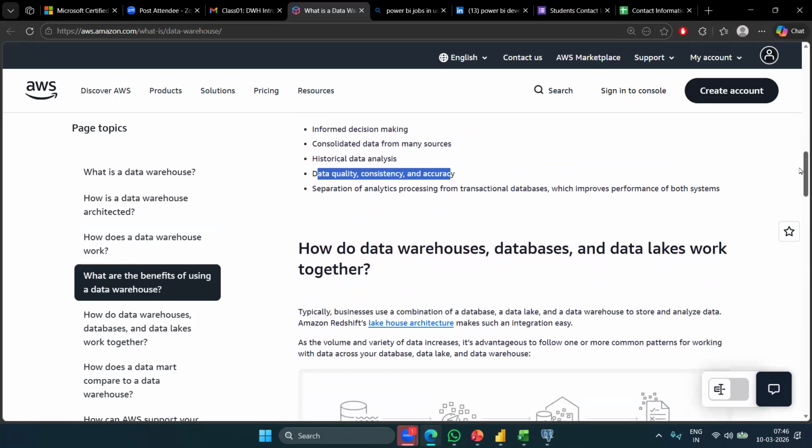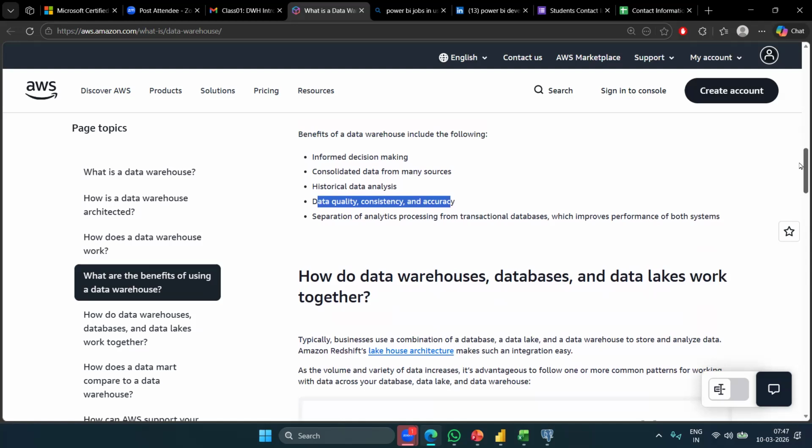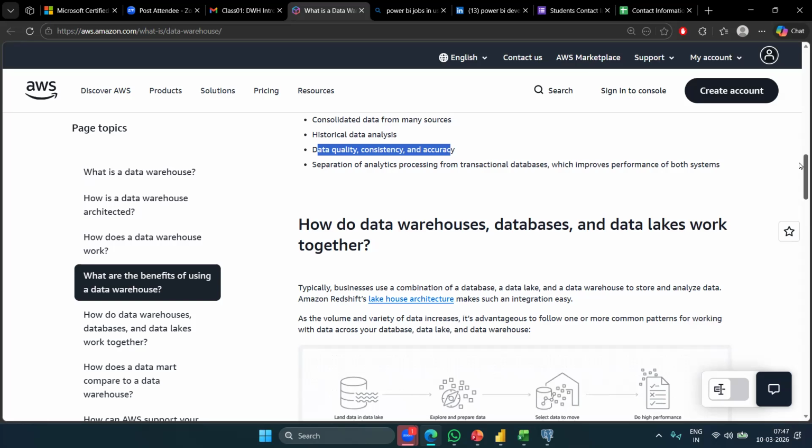These are the key things for data warehousing. These are like pillars. If the data quality is not good, then the reporting that we are creating may end up with errors. That means business can take a wrong decision. Separation of analytical processing from transactional databases, which improves the performance of both systems.